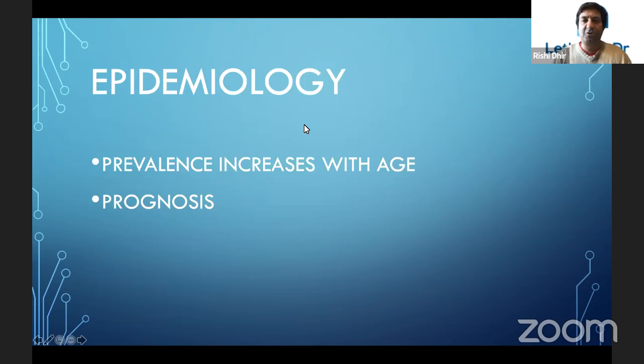Epidemiologically, if you took a whole series of MRIs of every patient in the population, you'd find that a lot of people would have asymptomatic rotator cuff tears. So over the age of 60, about a third of the population have got rotator cuff tears. Over the age of 70, about 65% of people have got rotator cuff tears.